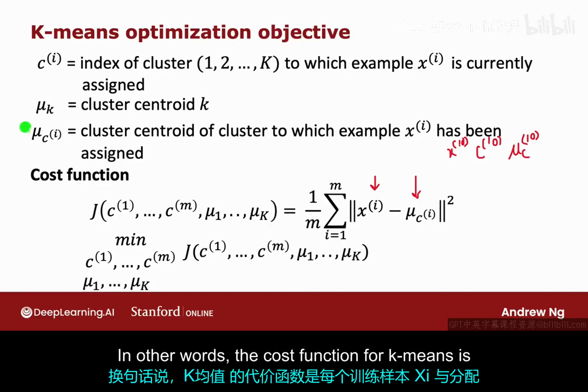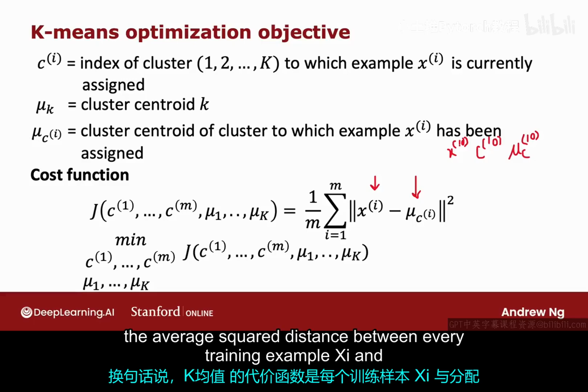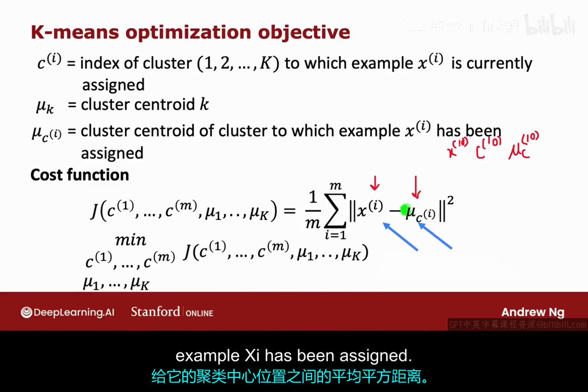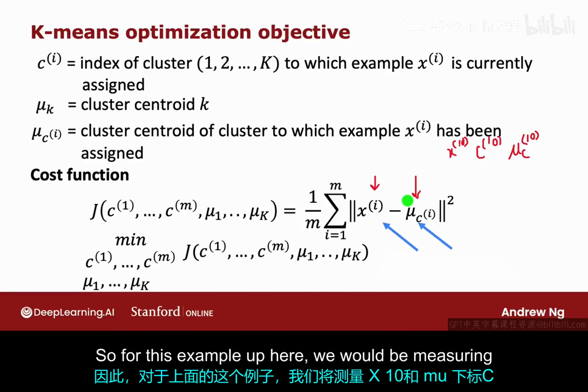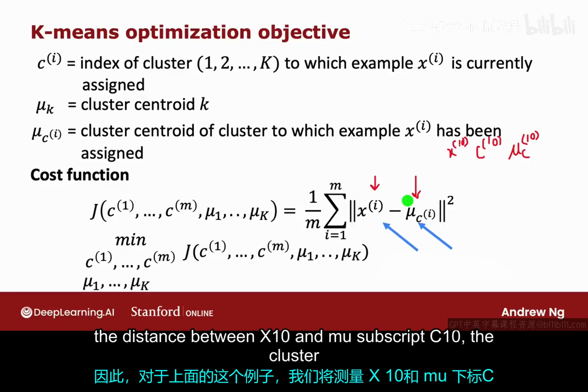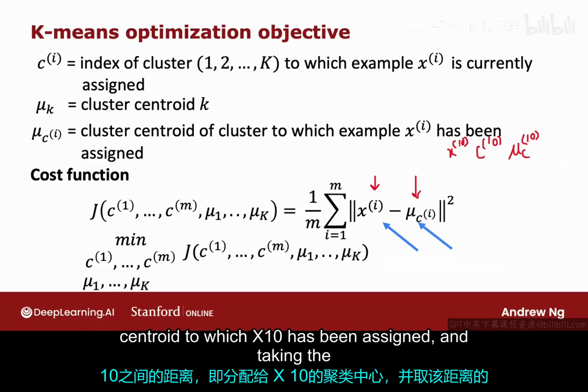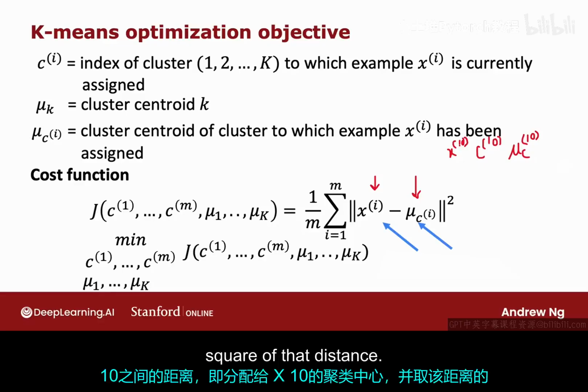In other words, the cost function for k-means is the average squared distance between every training example xi and the location of the cluster centroid to which the training example xi has been assigned. So for this example up here, we would be measuring the distance between x10 and mu subscript C10, the cluster centroid to which x10 has been assigned, and taking the square of that distance.